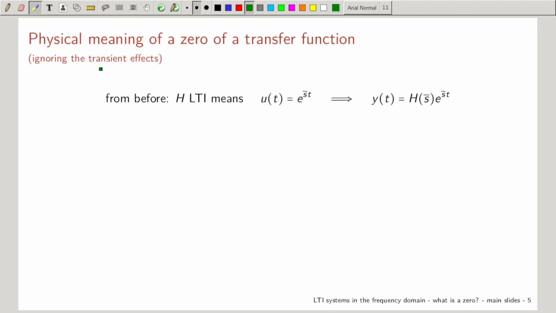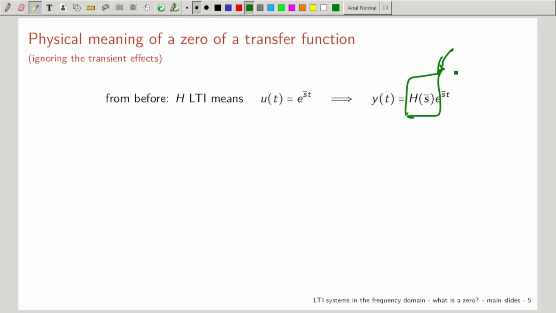And of course, whenever we consider a transfer function and we consider an H of s, what do we have? The stuff that we were saying before with the transient and the convolution operator, from a formal perspective: if I take u of t as any generic complex exponential, the y of t is going to be the complex exponential times the transfer function evaluated there.